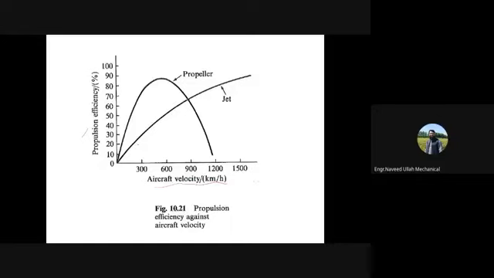Now look, okay, let's say if the aircraft velocity is, let's say around, for example, 450 किलोमीटर पर आवर एयरक्राफ्ट वेलोसिटी है, ठीक है ना। तो this is a jet engine and this is propeller type engine, a turbojet or turboprop.